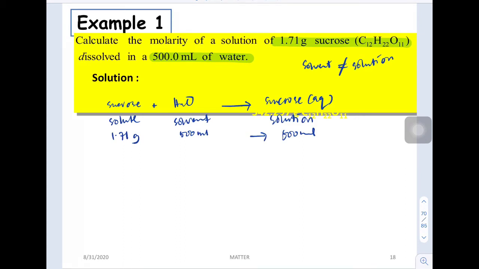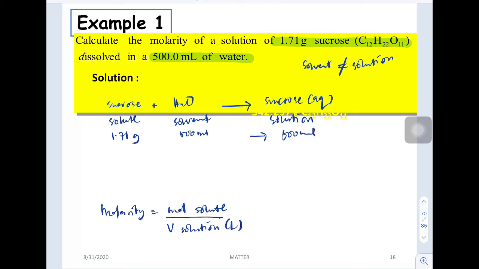If there is no information on that, then we will assume that they are the same. So we know that when we want to calculate the molarity, we have to have the mole of the solute and also the volume of the solution in liters.